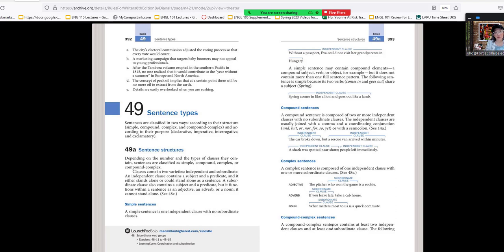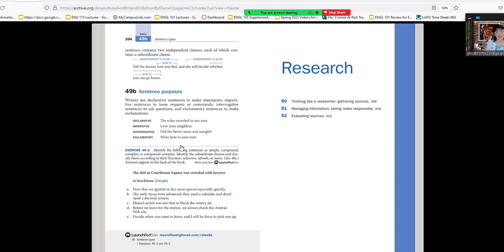A compound complex sentence means that you have a compound sentence with a subordinate conjunction, with a subordinate clause. And then you have four purposes for sentences: declarative, to make a claim; imperative, to give an order; interrogative, to ask a question; and exclamatory, to exclaim emotion or to make exclamations.